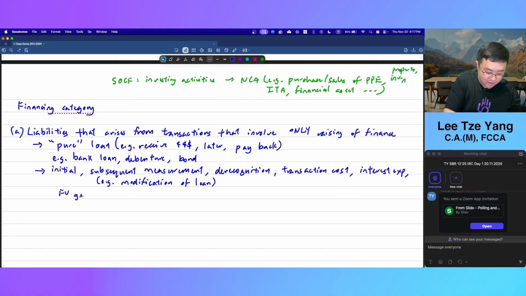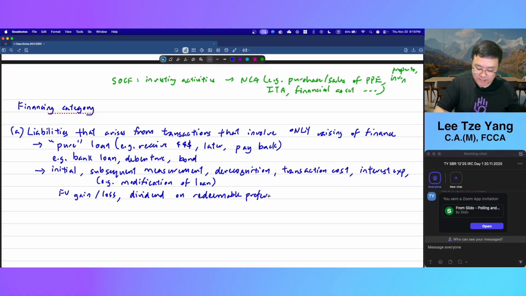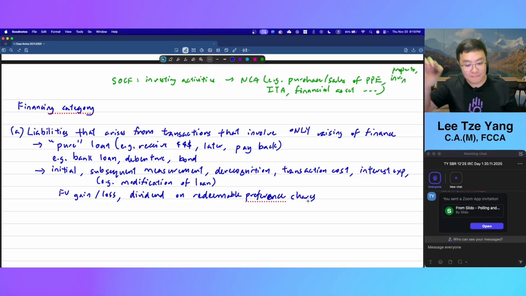Fair value gain or loss, if you go for the fair value option. Dividend on redeemable preference share. As you know, redeemable preference share is a liability because we have the obligation to pay back the money. So the dividend we pay is actually interest. So that will be under financing category.